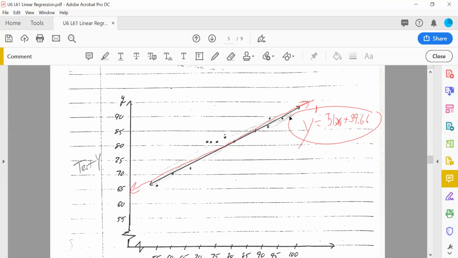It's called the best fit line. So this line is called a best fit line, or it's called a regression line. Its technical statistical name is the least squares regression line, as I mentioned a second ago.